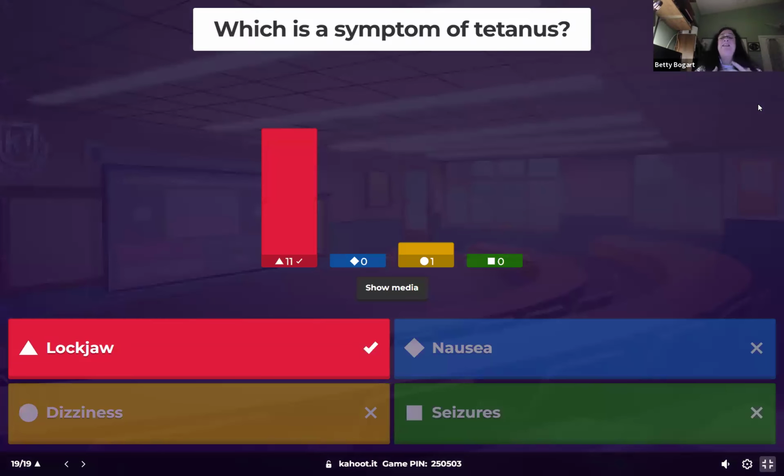So tetanus again is that lockjaw, and it causes severe muscle cramping and spasming and just tensing of all the muscles. Again, we have to take care of the wound and give those IVIG with that.